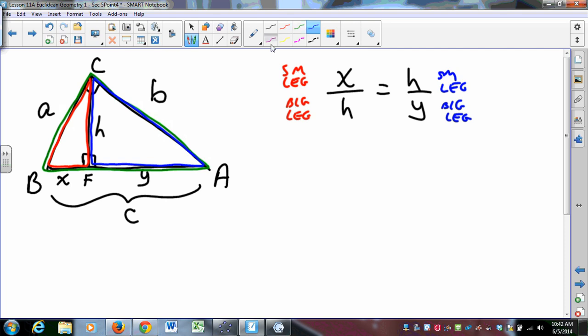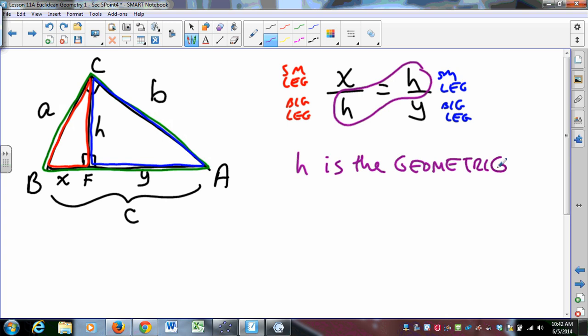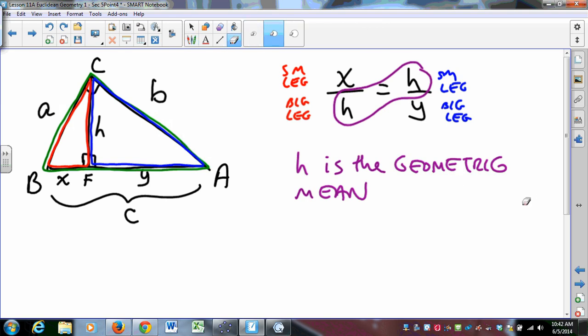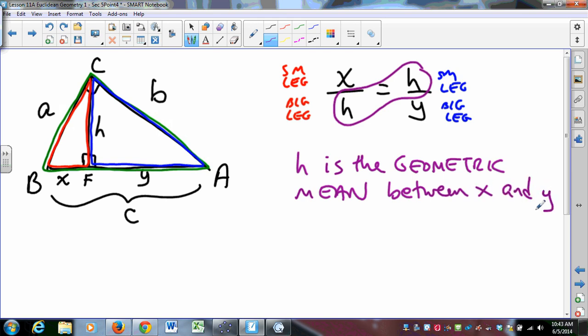Now, curiously, algebraically speaking, this phenomenon, where that h quantity is in both mean positions in the proportion, means that h is the geometric mean between x and y.